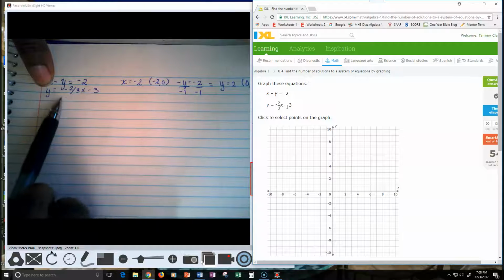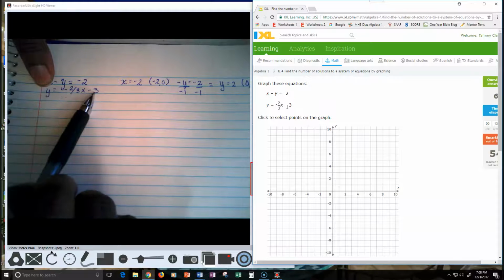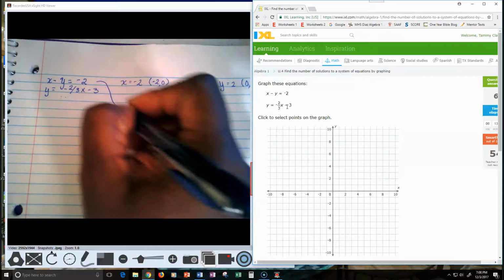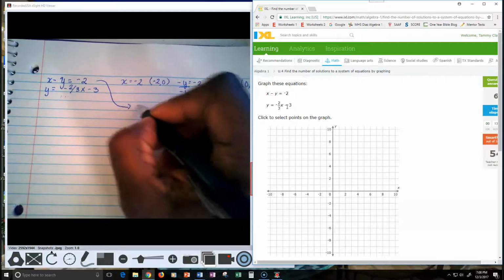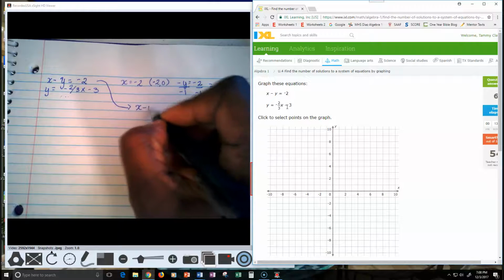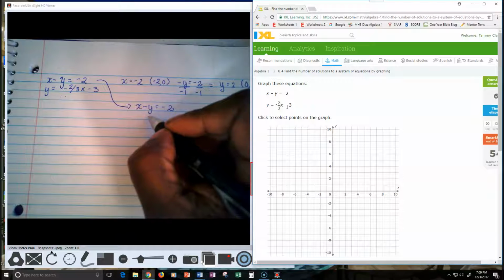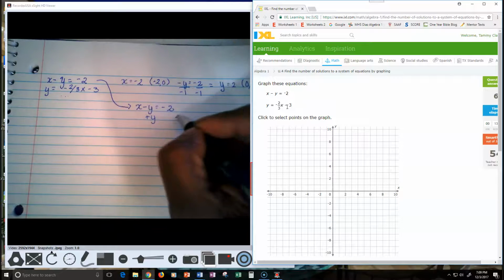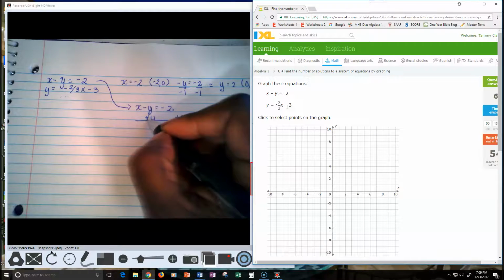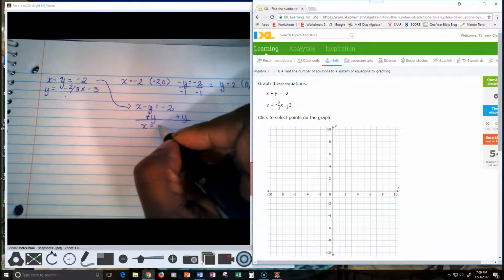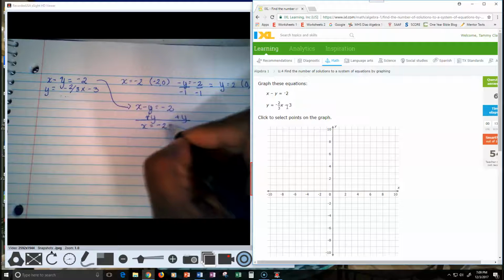Now, I'm not going to change this into standard form because it's already in a good graphing form, which is what the slope-intercept form is. If I wanted to, I could go back to this one and change it into slope-intercept form. So I want y alone, and I want it to be positive. So I'm going to add y to both sides of the equation. And so I've got x is equal to -2 plus y.